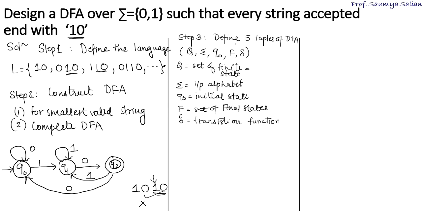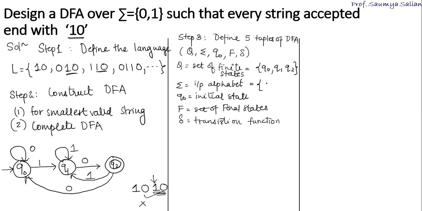So now the next step is to define 5 tuples of DFA. We know that DFA is defined by 5 tuples: Q, sigma, Q0, F and delta. Q is a set of finite states. So here I have Q0, Q1 and Q2 as a set of states.